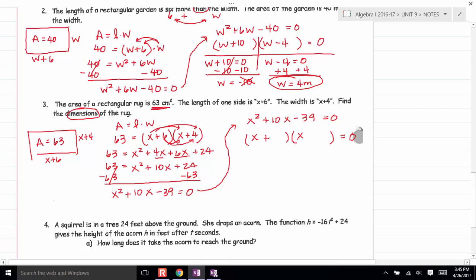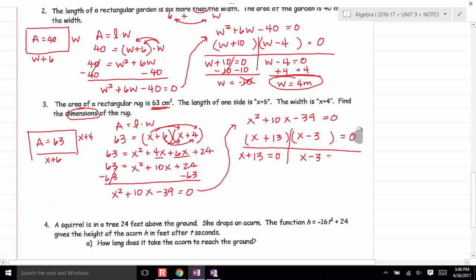So I could use a positive 13 and a negative 3. 13 times negative 3 is negative 39. And if I add positive 13 and negative 3, I get the positive 10 in the middle. Set each factor equal to 0. So x plus 13 would be equal to 0.